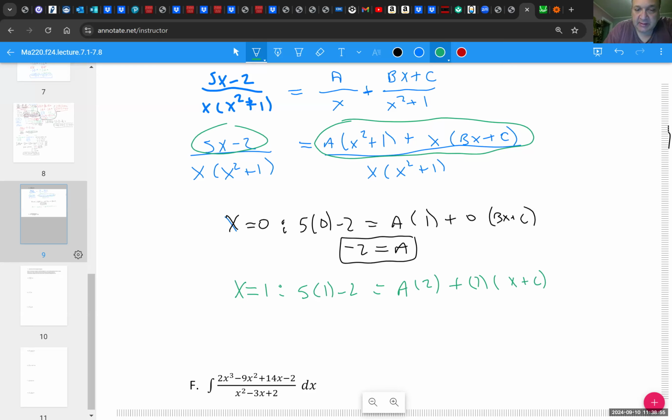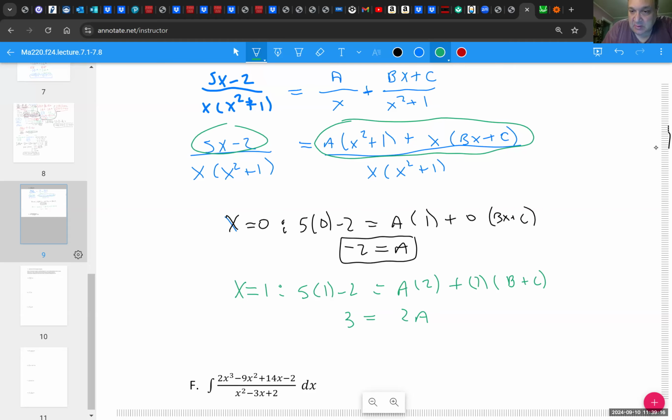And working this out, I get 3 is equal to 2a. I wrote this wrong. I don't know if you caught it. B times x, if x is 1, is not x. B times x, if x is 1, is b, right? Because the x is 1. I knew something looked a little shady there.